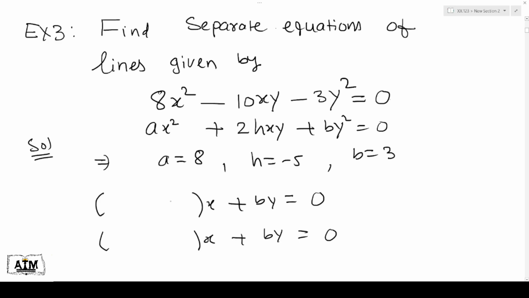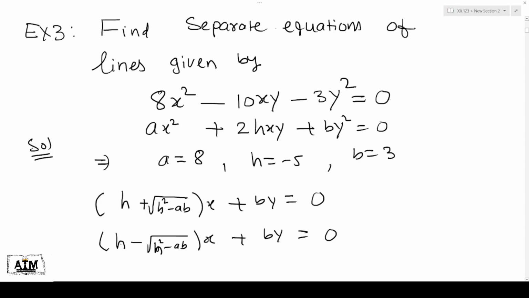Now what to write in this bracket? Here you have to write h square minus ab. Here as well you have to write h square minus ab. It is a h square, then here is a plus, here is a minus, then here is h, here is h.